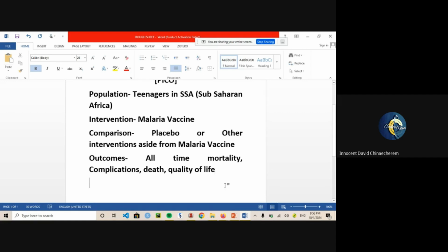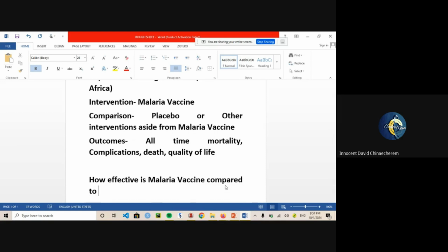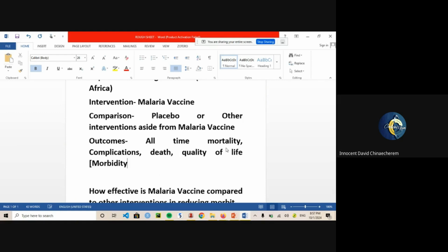So I can now say that I have formulated my research question, and my research question could be: how effective is the malaria vaccine compared to other interventions in reducing, and I could just group everything in our outcome as morbidity.